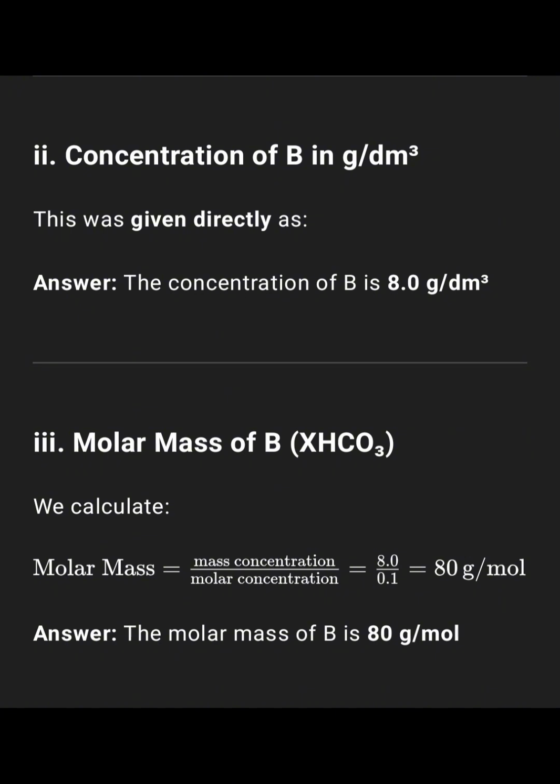You have molar mass equals mass concentration over molar concentration. Remember our mass concentration is 8.0 gram per dm cube, that is what is given to us. Then our molar concentration is the one we calculated in the first question, which is 0.1. So divide 8.0 by 0.1, you have 80 gram per mole. So 80 gram per mole is our molar mass.